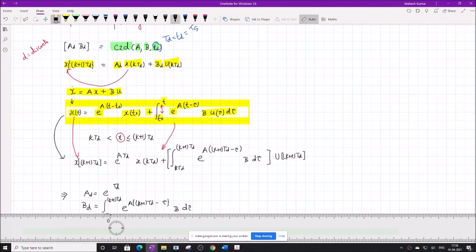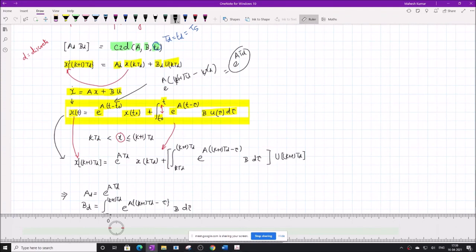Why it is a: as you know from this description, the t is now k plus 1 into td, minus t0, which is k into td, and k will go with this, and this a power is already here, so I just remove this part, and it becomes e to the power a. So k will go, finally it is e to the power a td. Am I correct?